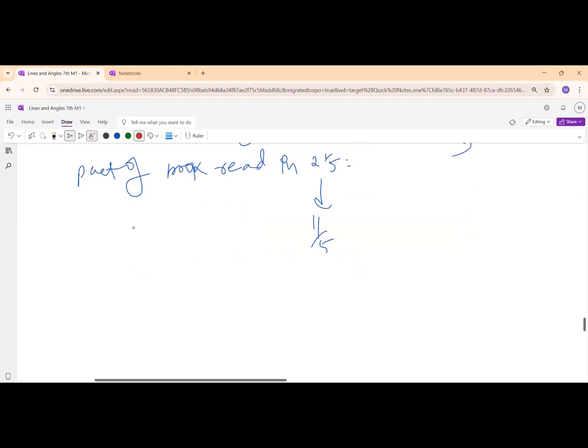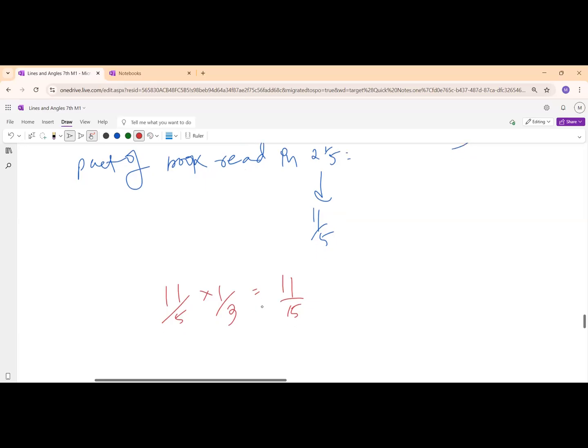Why do we multiply this? Let's say in 1 hour it is 1 by 3. So in 2 hours it would be 1 by 3 into 2, in 3 hours it would be 1 by 3 into 3. So in 2 1 by 5 hours we have to just multiply. So 11 by 5 into 1 by 3, that is 11 by 15.